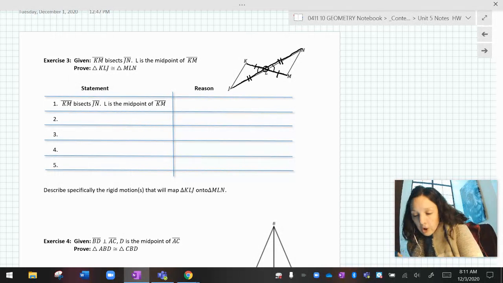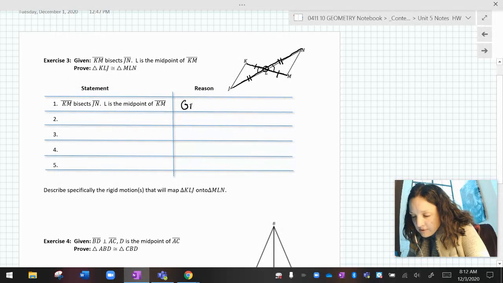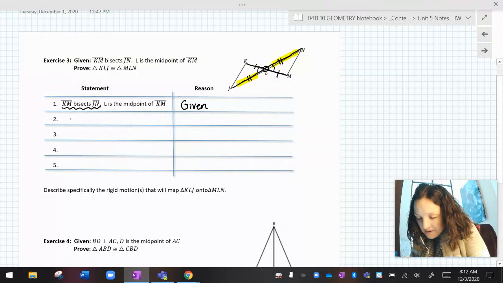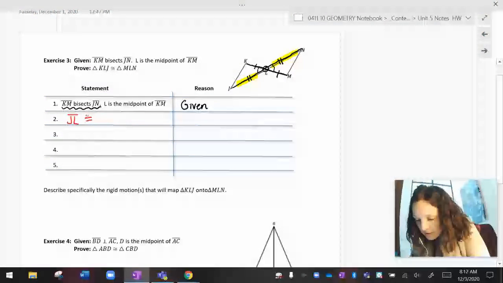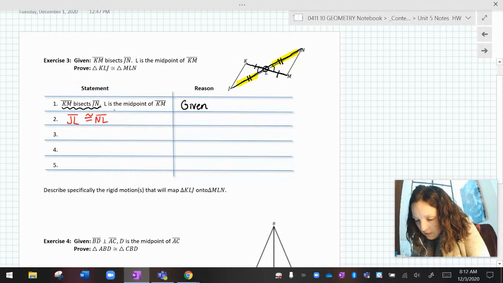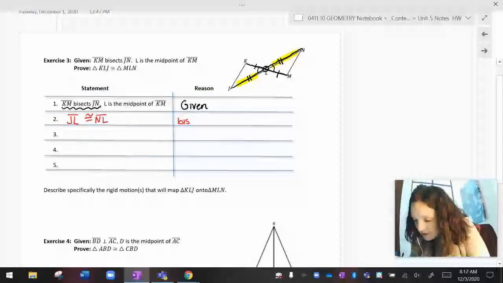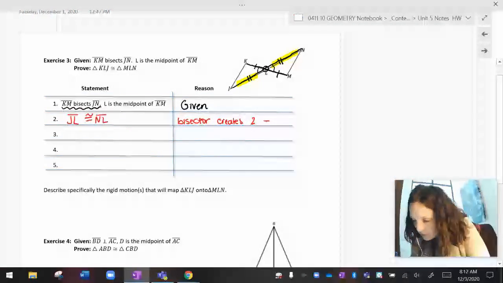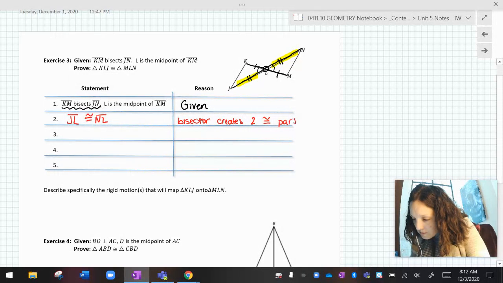Excuse me. All right, so let's write it out. KM bisects JN, L is the midpoint. That's my givens. All right, and then the first thing we marked is since KM bisects JN, I know that the two parts of JN are going to be equal. So I have to say that. I have to say JL is congruent to NL because a bisector creates two congruent parts.